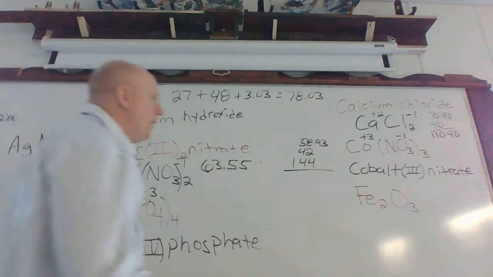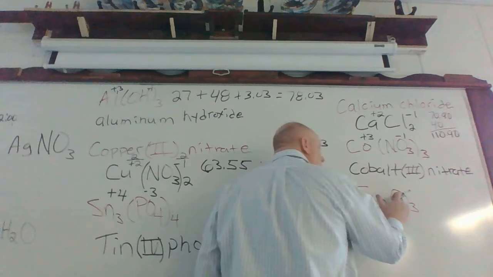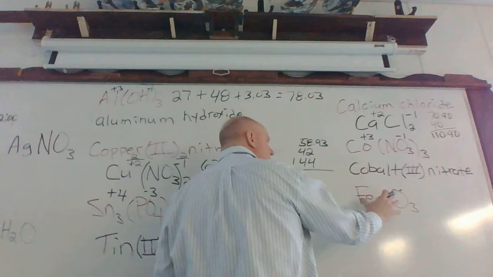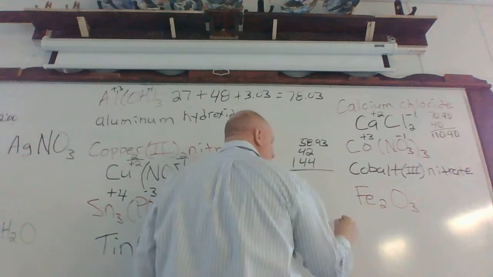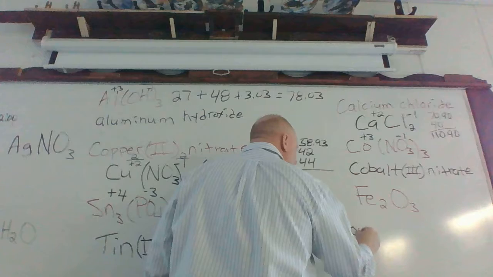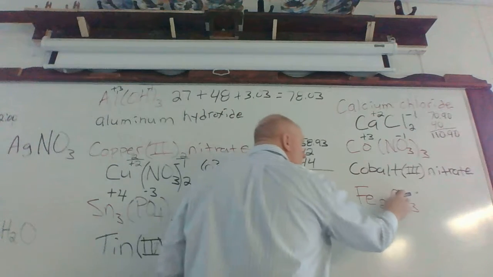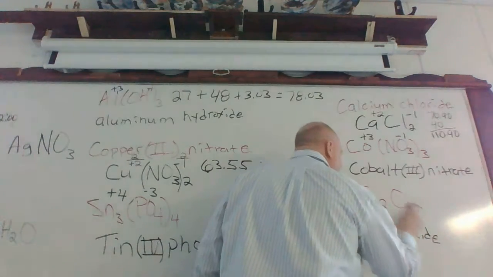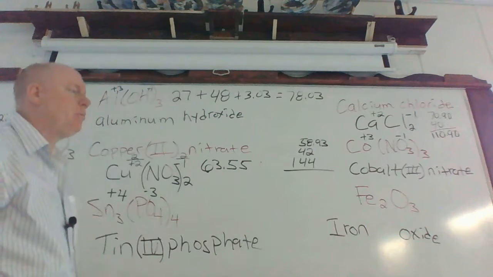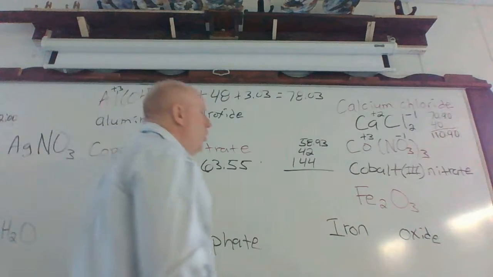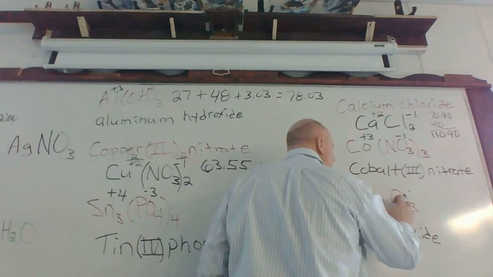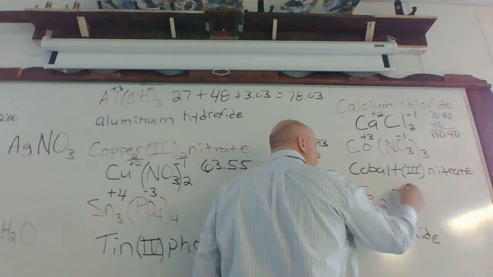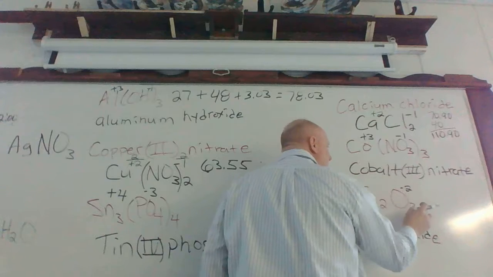Okay, so with this one, let's write out what these stand for. First of all, Fe is iron, and O is the oxide ion. Again, we're going to leave a space because iron can have a +2 or a +3 charge. Beginning with our negative ions, 3 times -2 for every oxygen is -6.